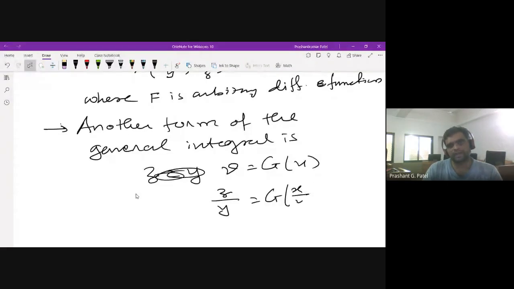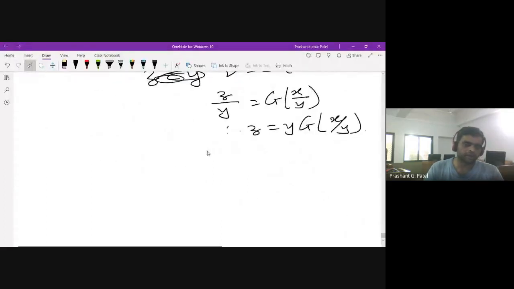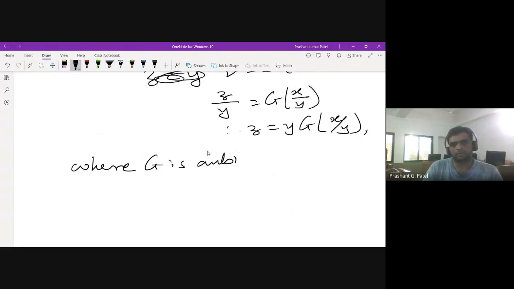So that's why it is z equal to y into g of x by y, where g is a continuously differentiable function of x by y. So g is an arbitrary differentiable function.